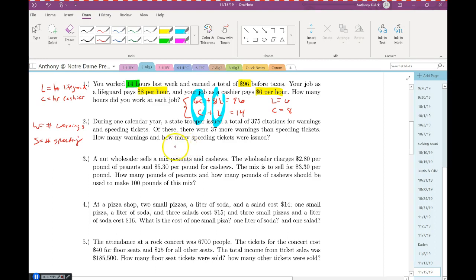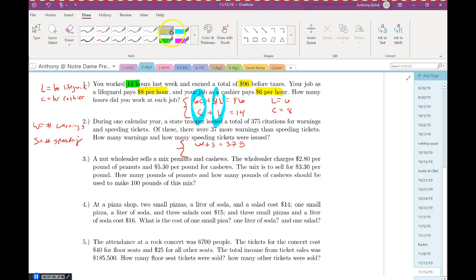So I have two variables, I should have two equations. What's one of the two equations that I can write here? Andrew. Good. W plus S is equal to 375.